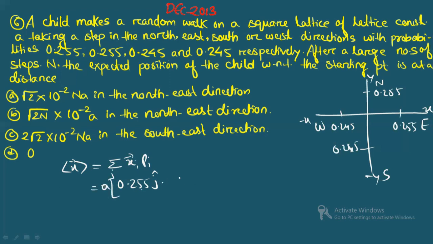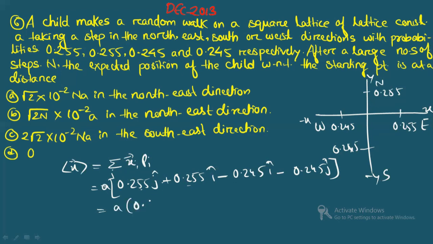Okay, here now you see next it is for the east direction, so it is 0.255 i cap, right? Again you will write minus, these are negative. Okay, this is negative x-axis, this is negative y-axis, so it is 0.245 i cap minus 0.245 j cap, right? When you will subtract, you will get 0.010, right?